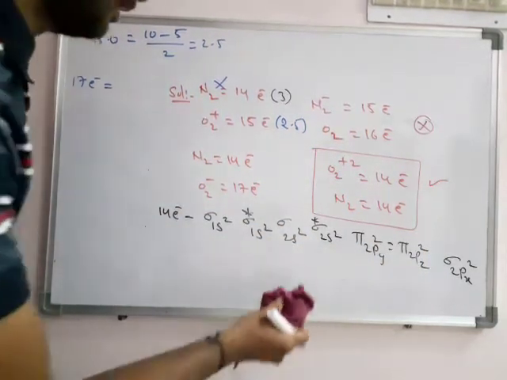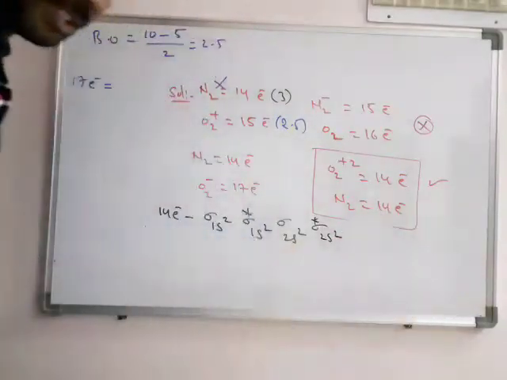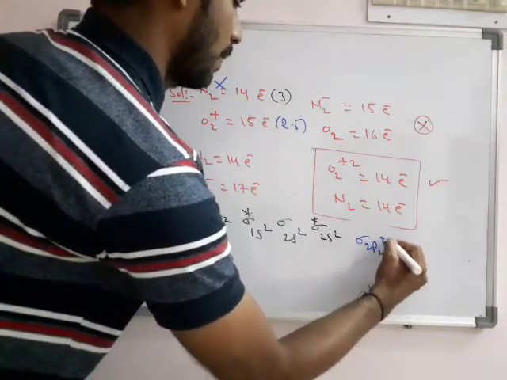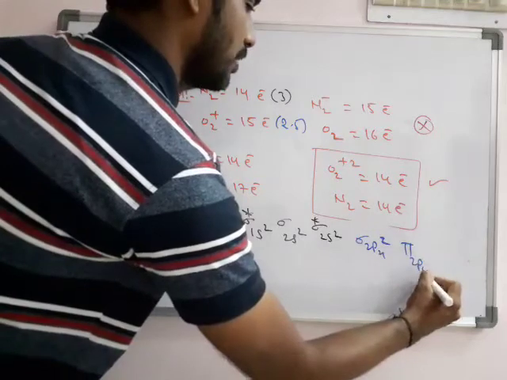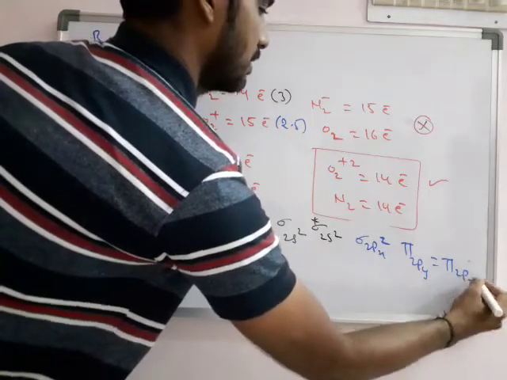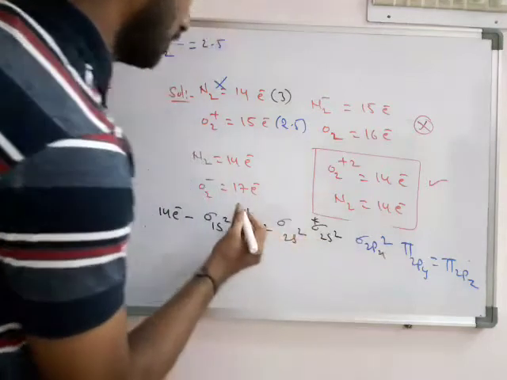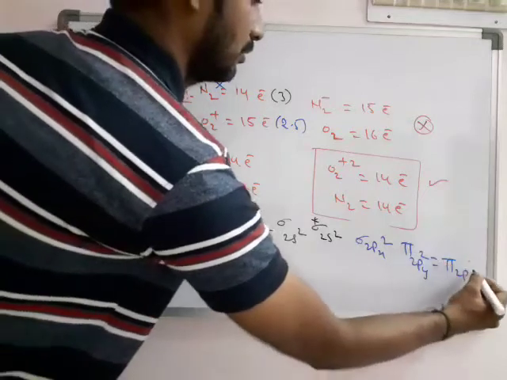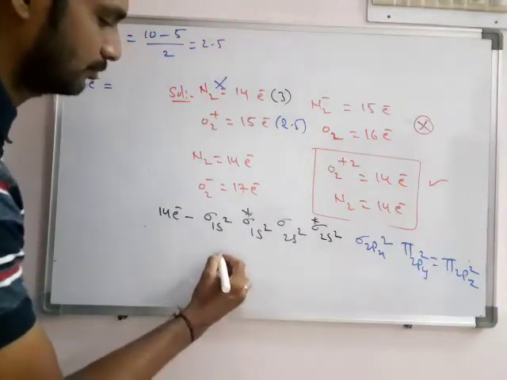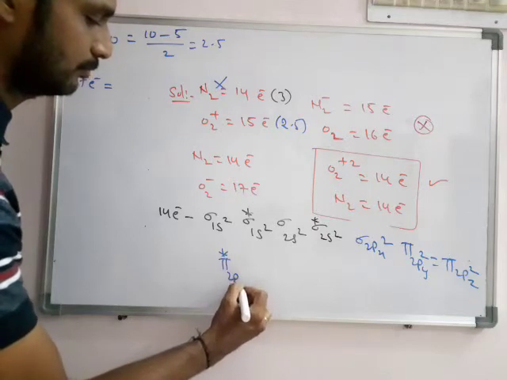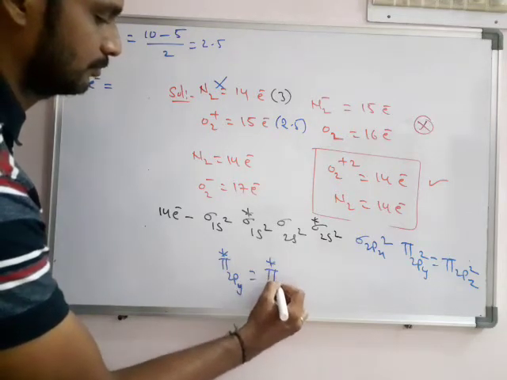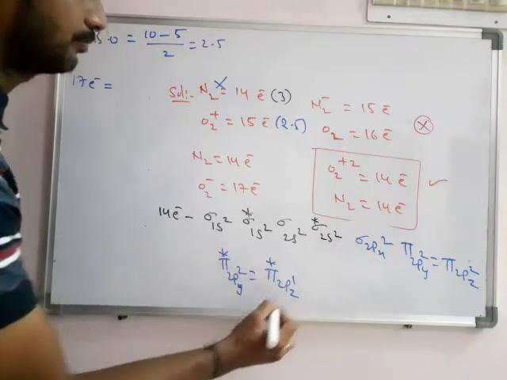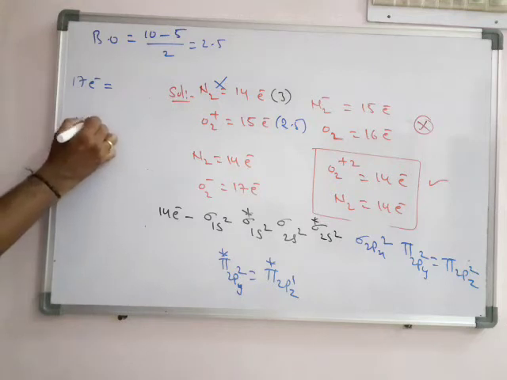So you need to write again, for 17 electrons, which is more than 14, the formula: sigma 2px2, pi 2py equal to pi 2pz. Total 17: 2, 4, 5, 6, 7, 8, 9, 10, 11, 12, 13, 14, 15, 16, 17.